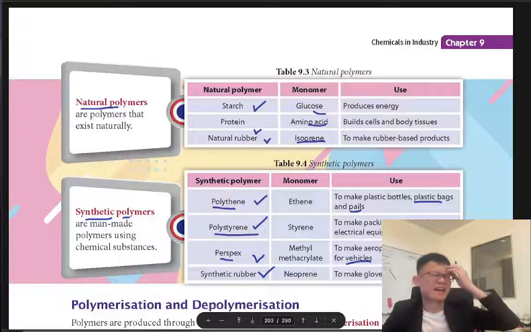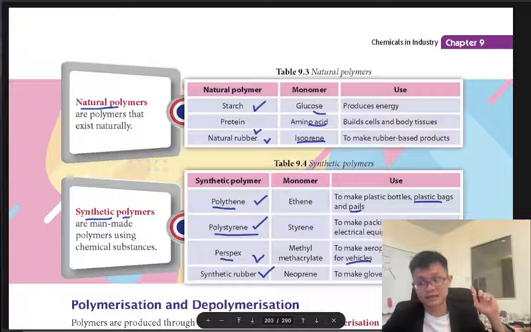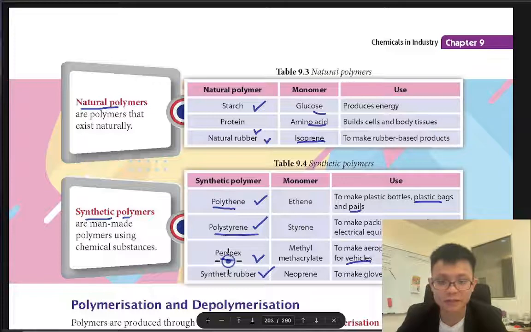Is it perspex? I cannot remember. This one is a more special plastic, not the normal plastic. This plastic has a higher melting point, so it doesn't usually melt, and it cannot conduct electricity. I mean, it can if you give a lot of electricity, but usually it won't. Okay, so it will melt. Forget the name, is it called perspex? I forget already. Anyway, it's something like plastic lah, perspex.